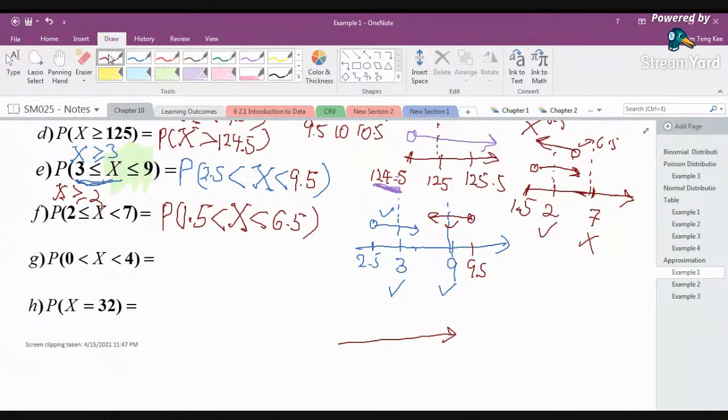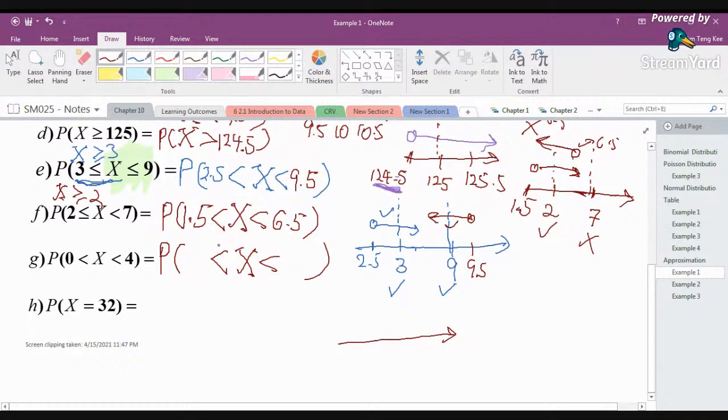G. So G, I have 0 to 4. And this time, let us try to do it by inspection. Without drawing the number line, we try to look and see, can we get the answer? So again, inequality sign same direction, but without equal sign.